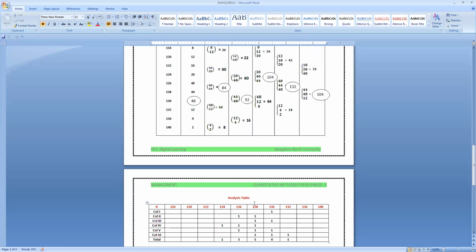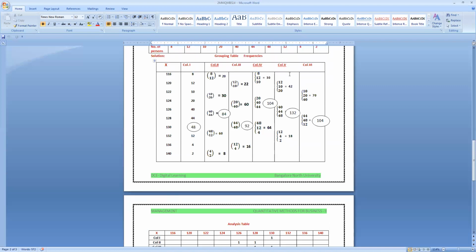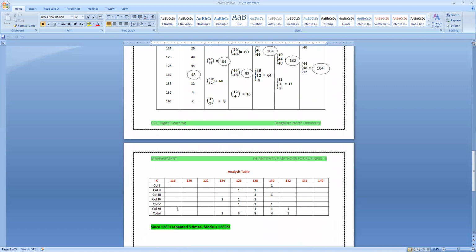Then to mark column 5, we should see in the grouping table that 132 is the highest. We have encircled this. The frequencies we added to get this 132 are 40, 44 and 48. The variable for 40 is 126, for 44 it is 128, and for 48 it is 130. Now we mark 1 against the variables 126, 128 and 130 in the fifth column.